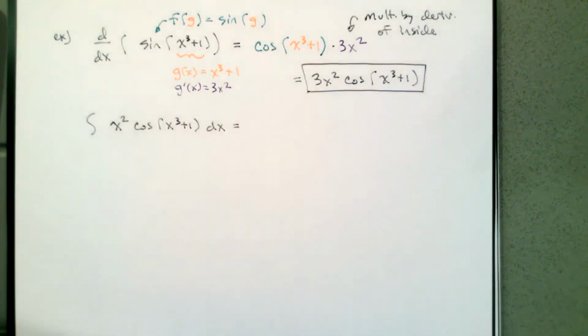We've got the integral of x squared times cosine of x cubed plus 1. So we can see that x cubed plus 1, that's going to be our inside function, and it's inside a cosine. That x squared out in front, that's the derivative of the inside that we're looking for.